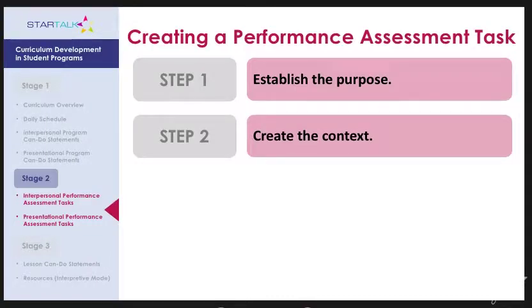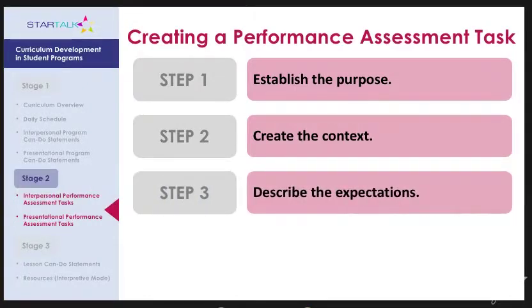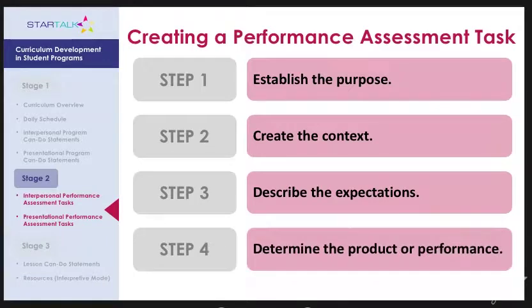That comes from the theme, which established the context that was described in the curriculum overview. The expectations, step 3, detail what learners will do. And finally, in step 4, there is a brief description of the actual product or performance that students will engage in to demonstrate their learning.